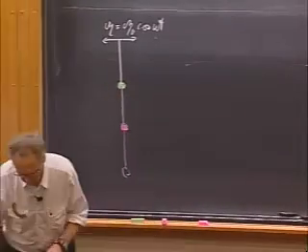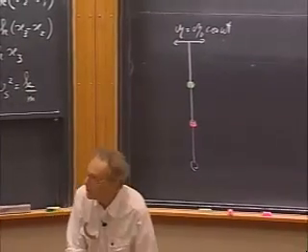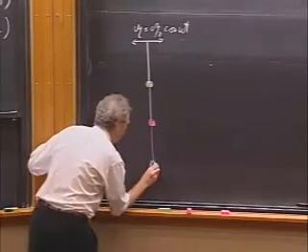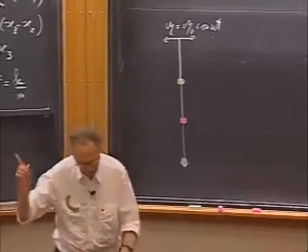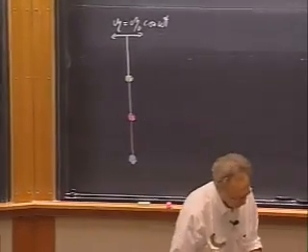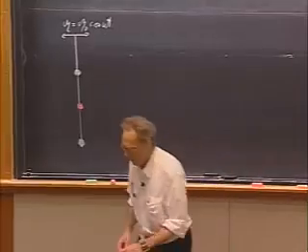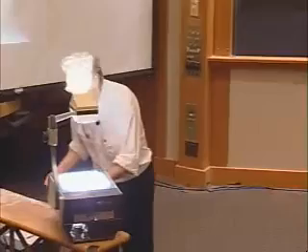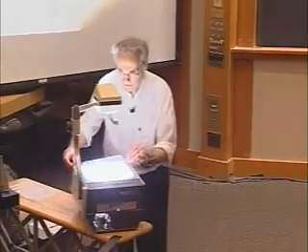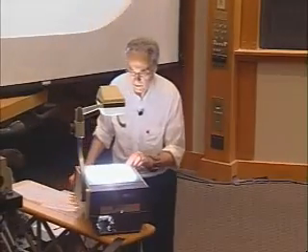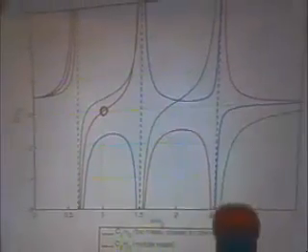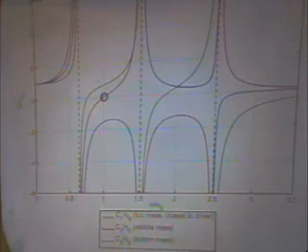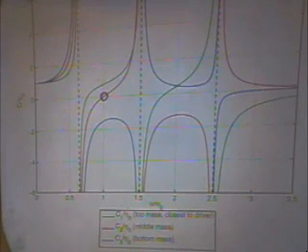And the bottom one is going to be blue, even though it may look black there. I'll make it blue. That is the color code that we have on our plot, which will be put on the web this afternoon. So here it comes. There it is. Horizontally, we plot again omega divided by omega 0, where omega 0 is the square root of G over L, the resonance frequency of a single pendulum.